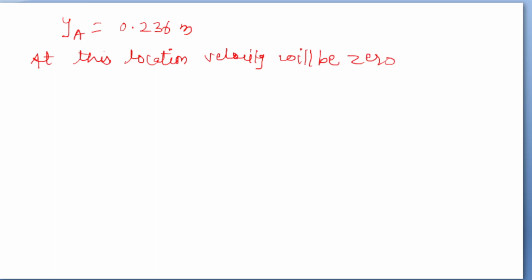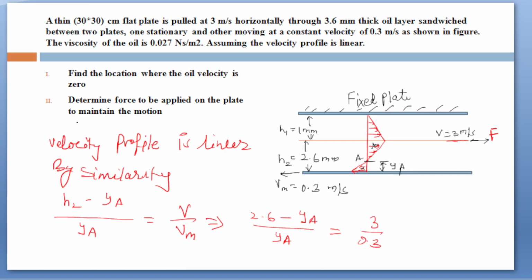Now the second question, which asks for the force needed on the plate to maintain the motion. The plate is moving rightward, so the shear stress acts towards the left. This is Fs on the top side and this is the bottom side.